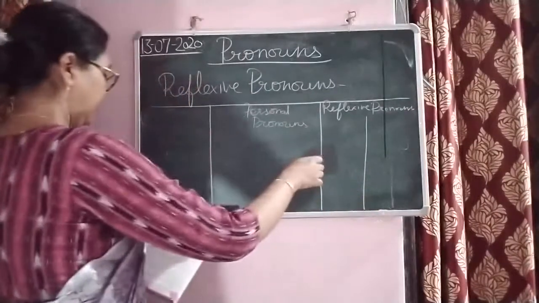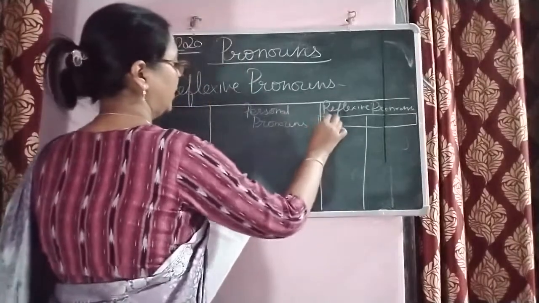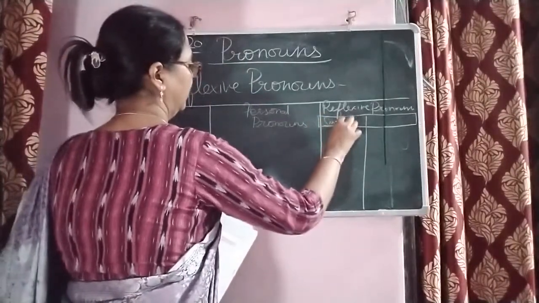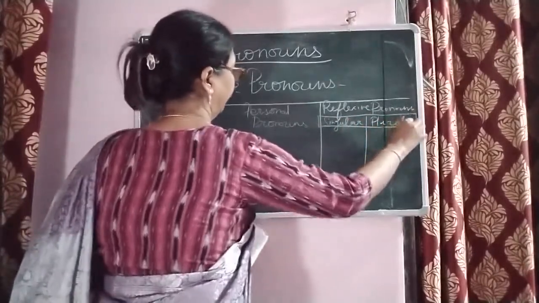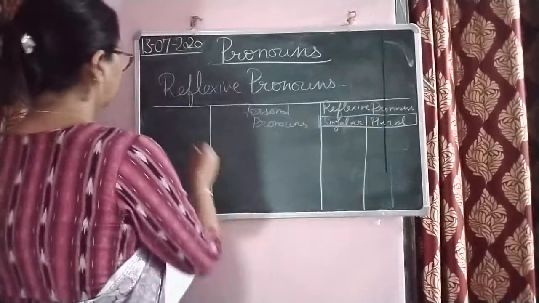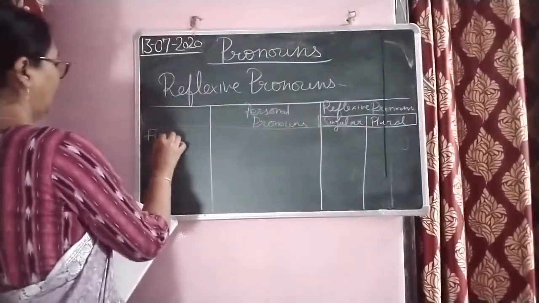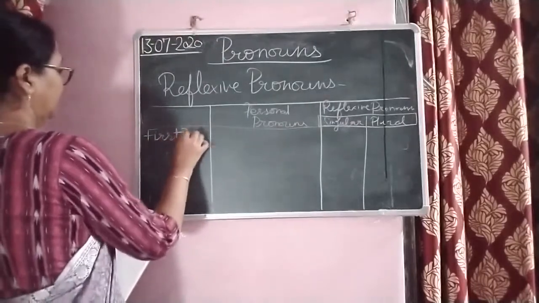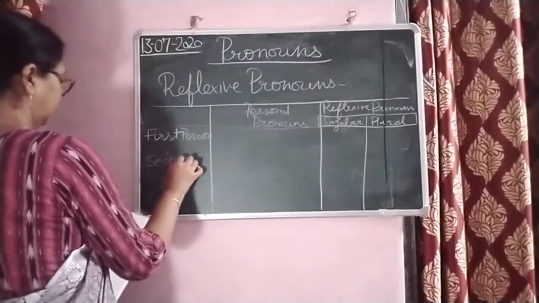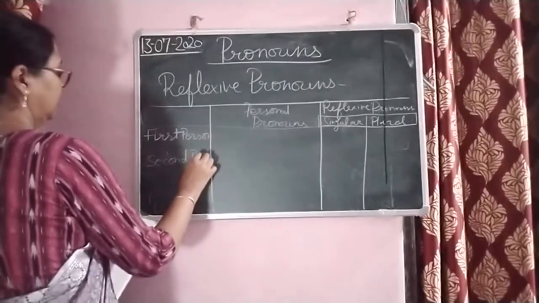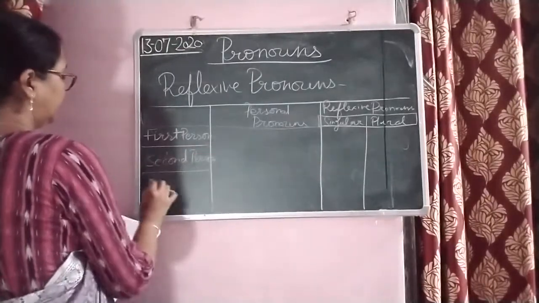We have to make one more column over here to show the singular and plural. And here first person, second person, and third person.